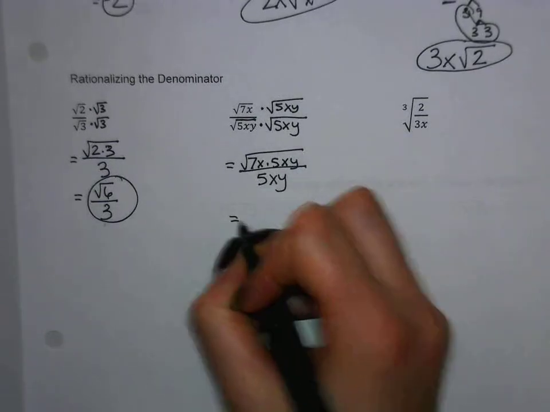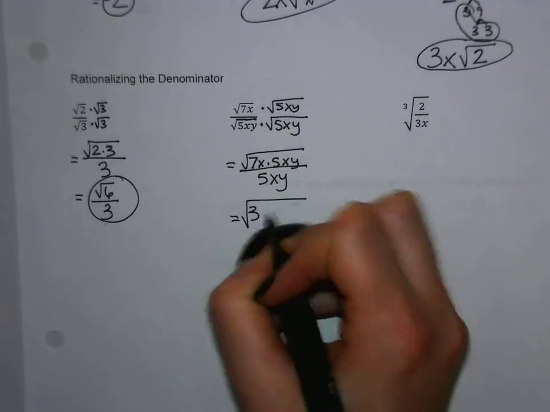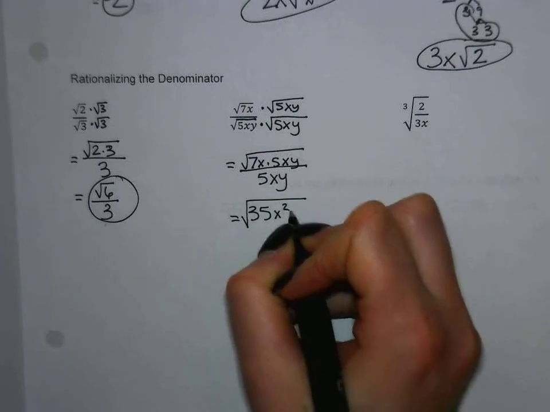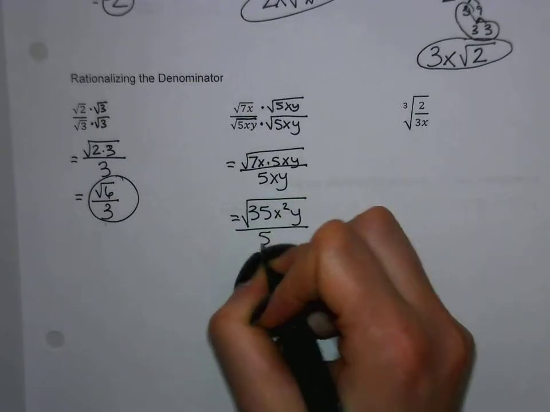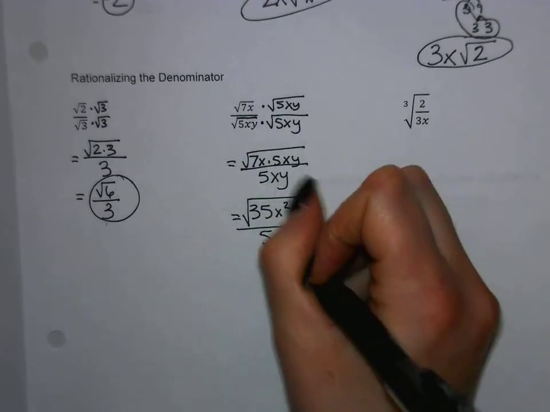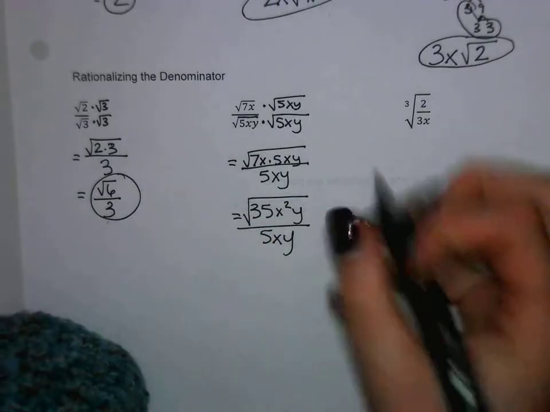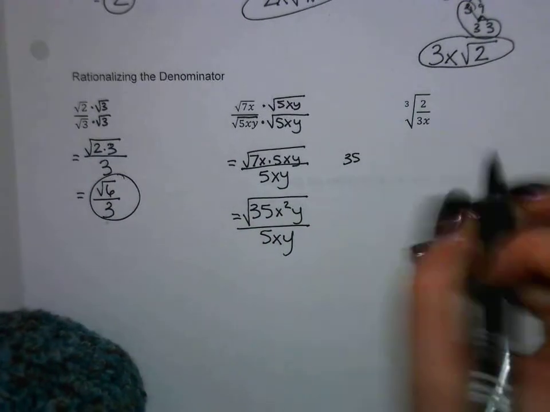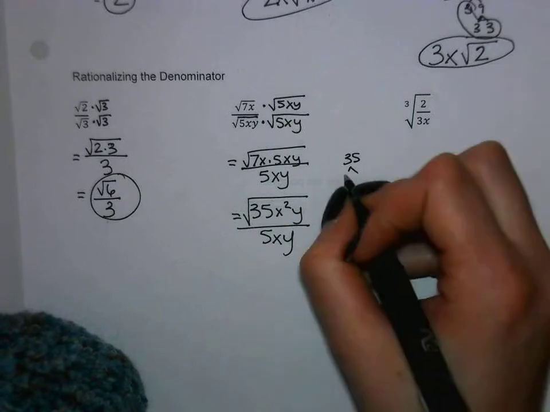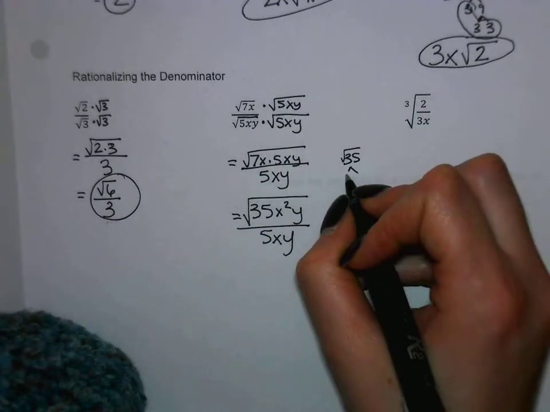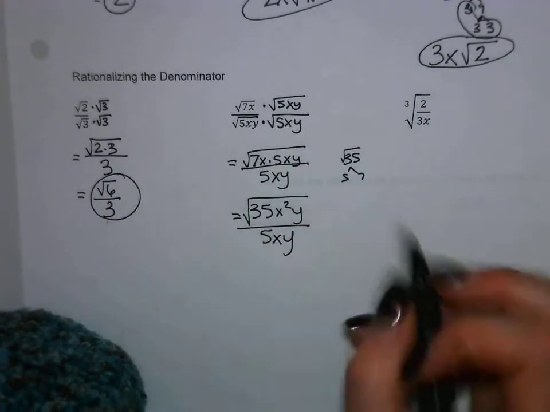When we simplify, we have 35 x squared times y divided by 5xy. We want to look at 35 to see if we can simplify it any further. It's 5 and 7, which we can't, so we're just going to leave it.